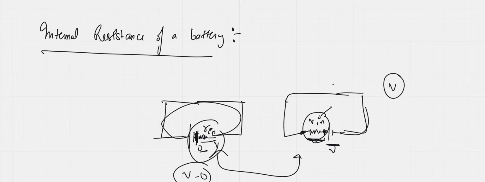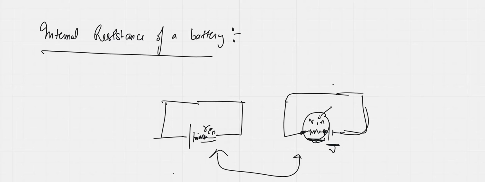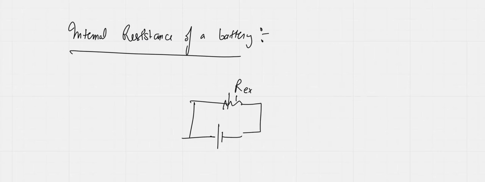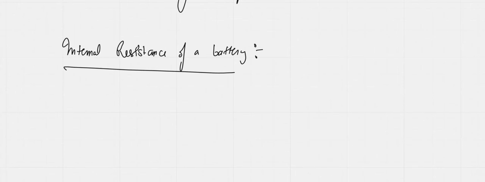So it does not have any difference. I have just removed the second resistance because we have not studied the combination of resistances till now, but as per your grade 10, you must have some basic idea about this.